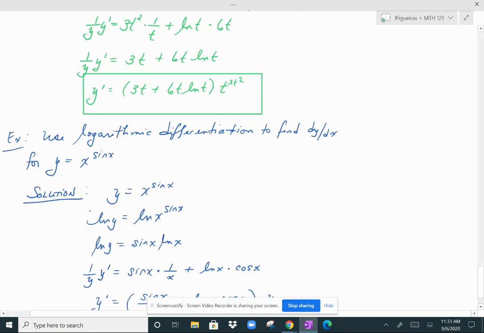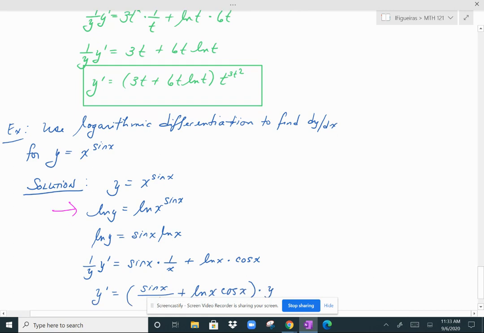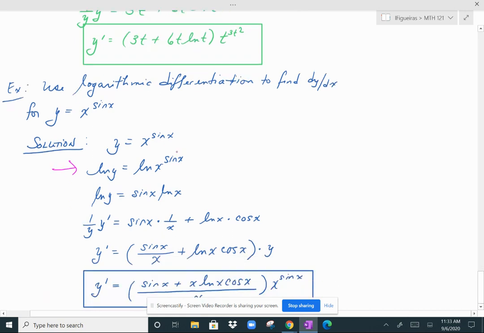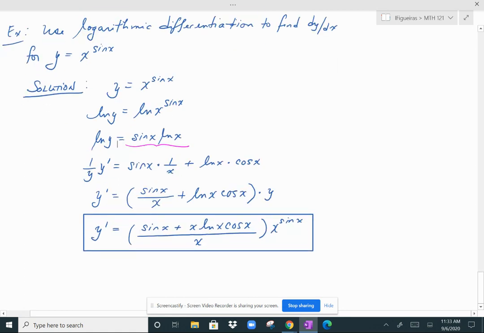So I take the natural log of both sides of the original equation, and rewrite this side here using the logarithmic laws. So sine of x goes in front of ln of x. Then again, just like the last example, I have to use product rule.